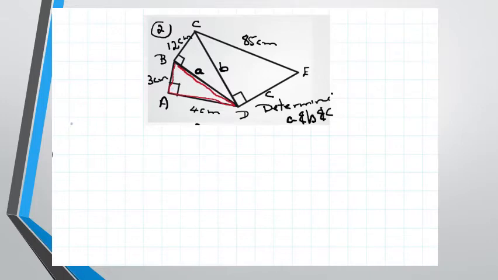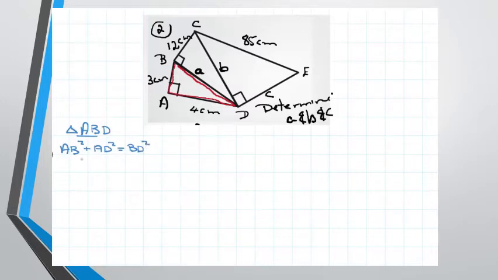So let's start by saying triangle ABD. That's the first one I would like to work with. In that triangle, according to Pythagoras, AB square plus AD square must be equal to the hypotenuse, in this case BD.